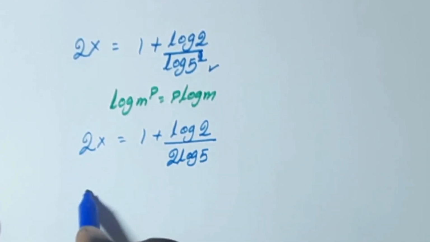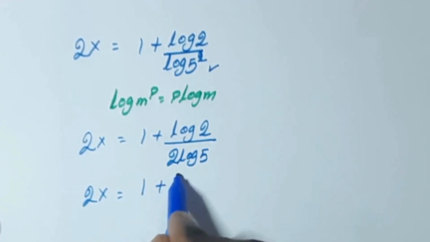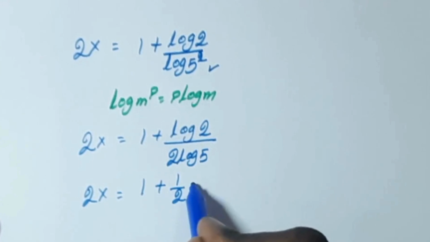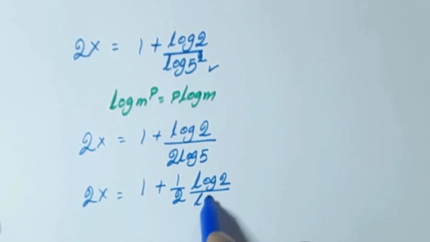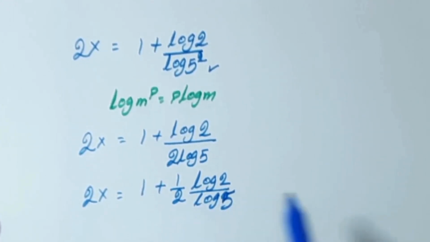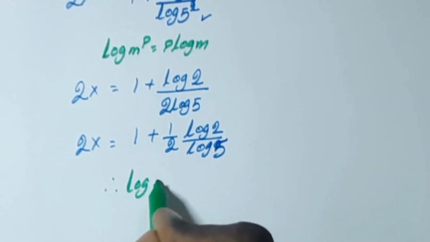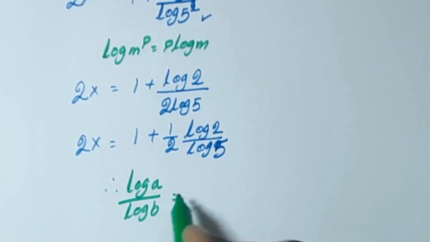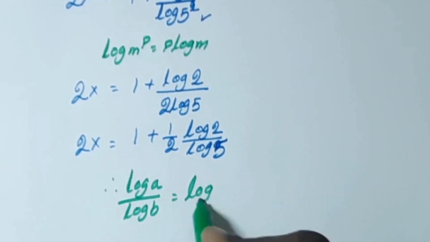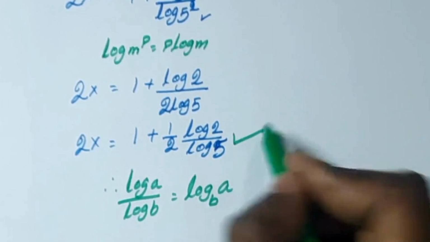Now 2x equal to 1 plus 1 by 2 log 2 by log 5. We know log a by log b equal to log a raised b. We are going to apply this here.